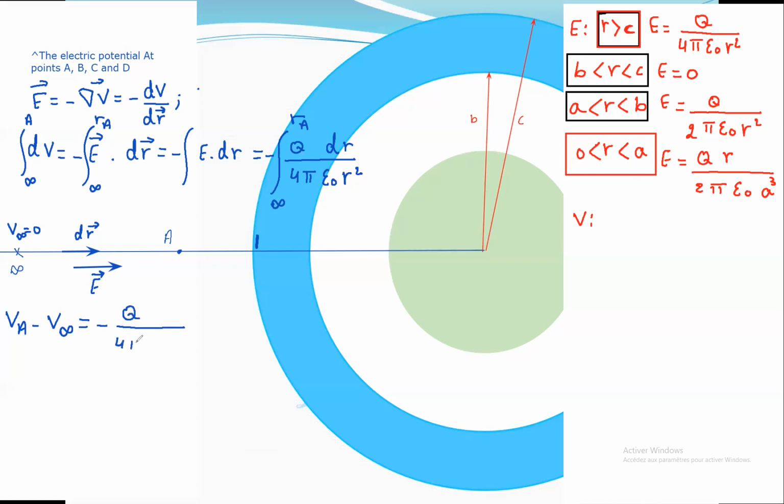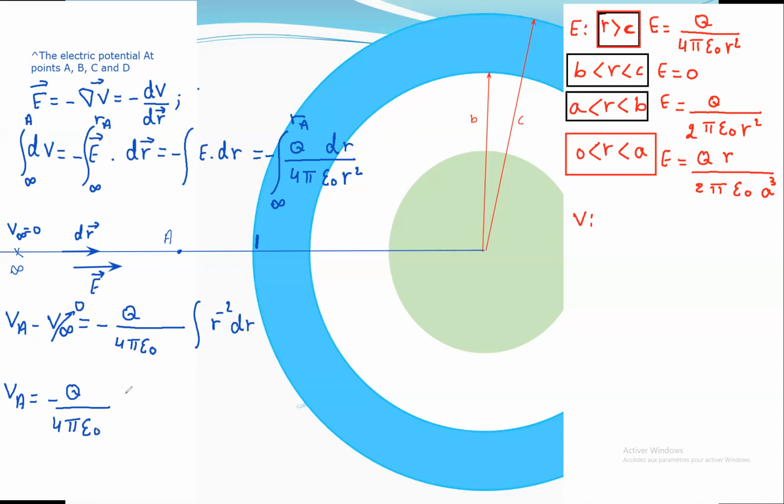4 pi epsilon 0, and here we have the integral of R square. Here we can put it R to the power minus 2 times dr. V infinity equals to 0, so VA equals to minus Q over 4 pi epsilon 0.